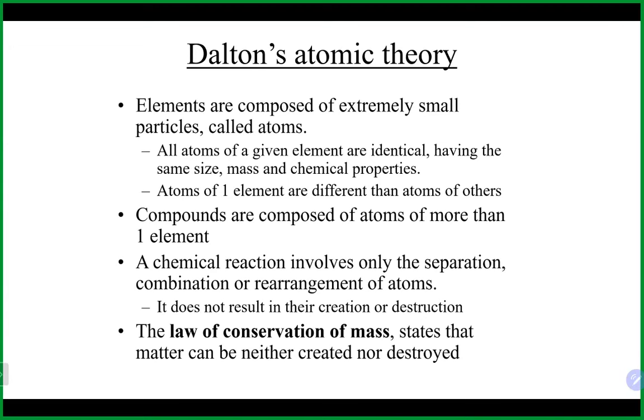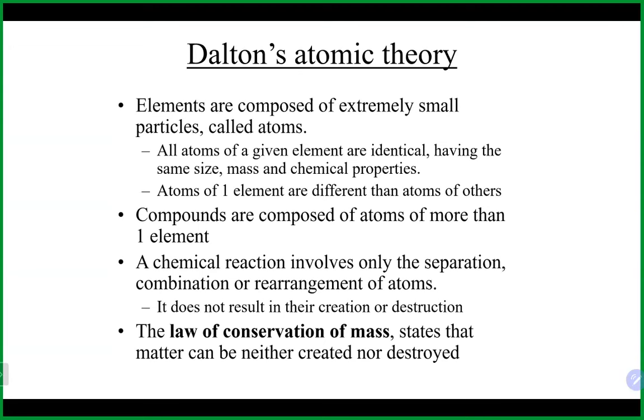He said that compounds are composed of atoms of more than one element. A chemical reaction only involves the rearrangement, recombination of these atoms. We don't create nor destroy any elements along the way in a normal chemical reaction. And that's the law of conservation of mass.